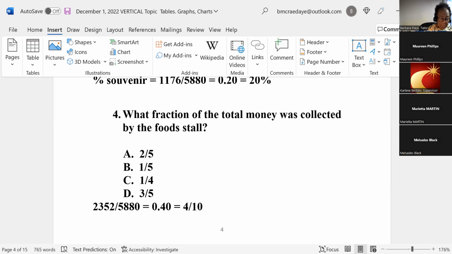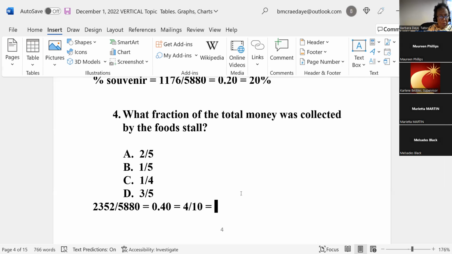And 4 over 10 is what when you simplify it, Mercedes? No, you're trying to get a fraction now, numerator over denominator. So 4 over 10, when you simplify or reduce that, what's that equal to?